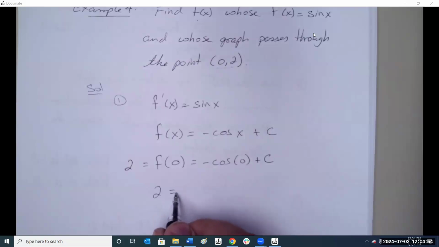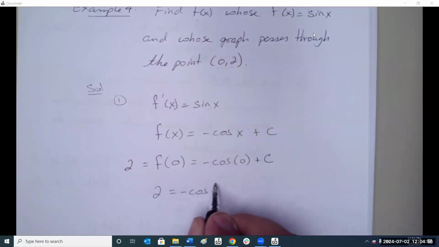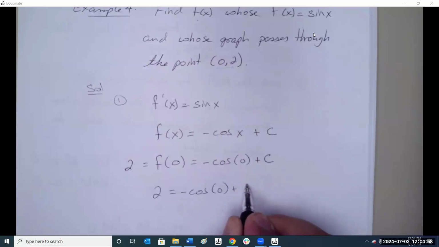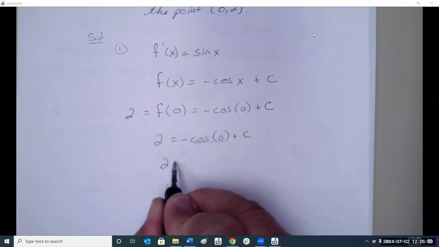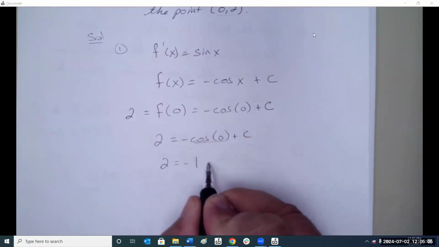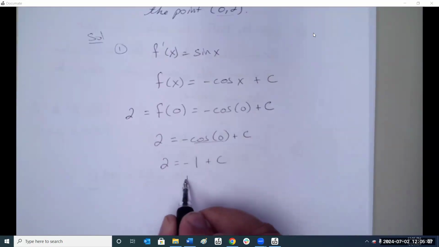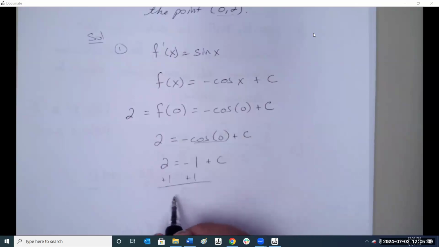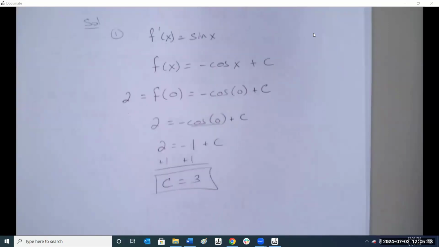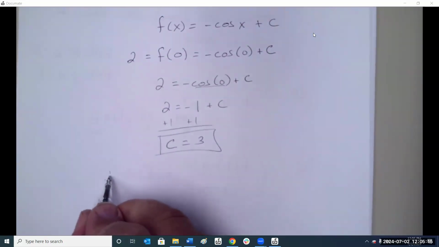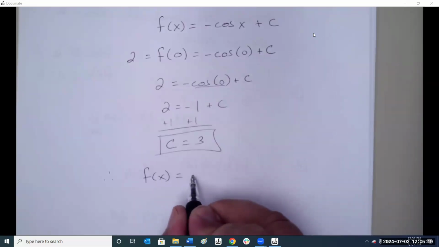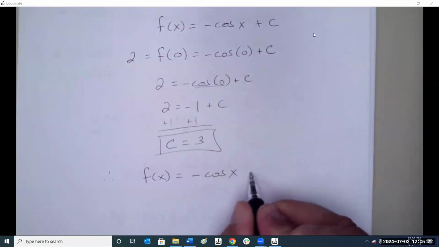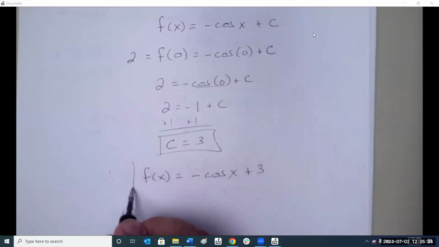So negative cosine of 0 plus c. What is the cosine of 0? So it's negative 1 plus c. C is equal to 3. So therefore, the function that we just found is negative cosine x plus 3.